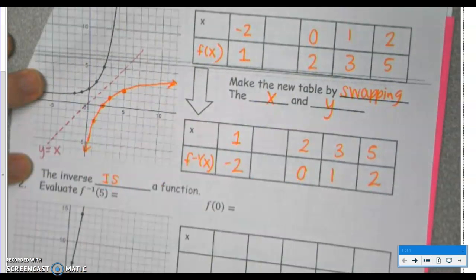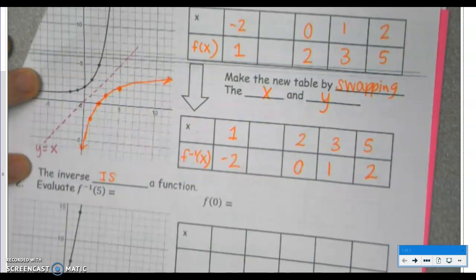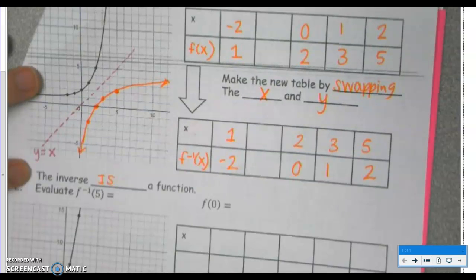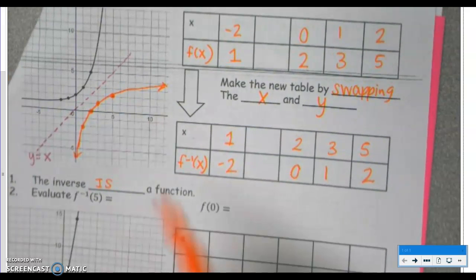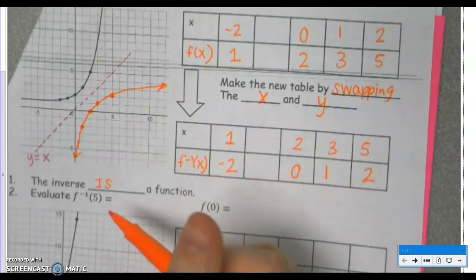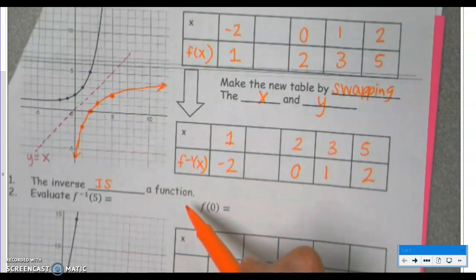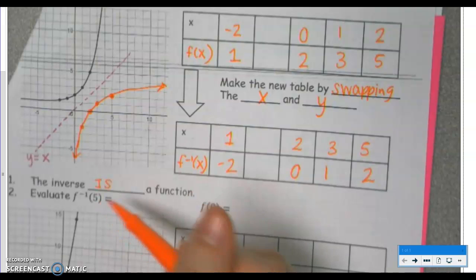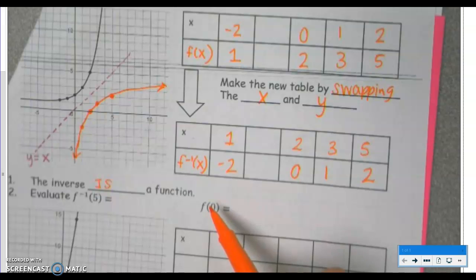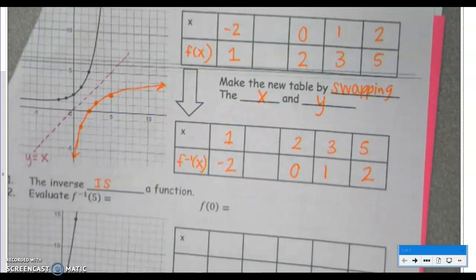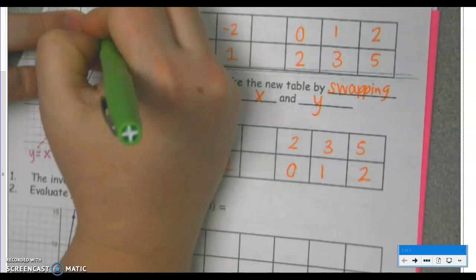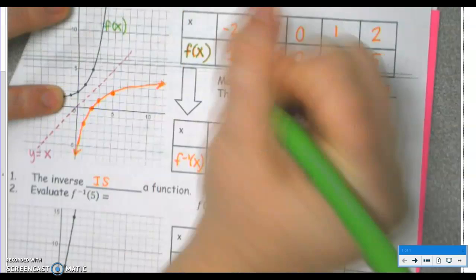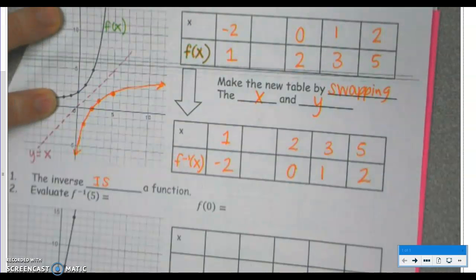And so I knew that it was going to be a function because my original graph passed the horizontal line test. All right, so now that we have both graphs and we also have both tables, when the question wants you to evaluate, you just have to pay attention to whether it's asking you to use the inverse graph or the original graph. So again, where we had f of x, that's my original graph and my original table.